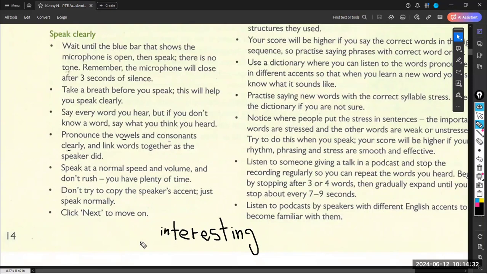Okay. First of all, Ali, some students, especially the Arab students, put the stress just on the R. This is wrong. You don't have to say it that way, you have to say it with the stress on the N, okay?